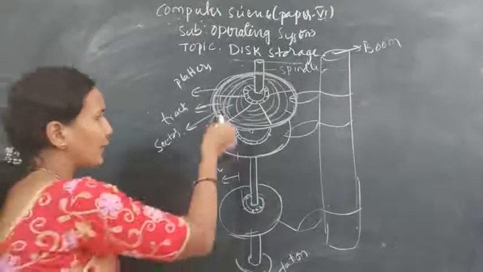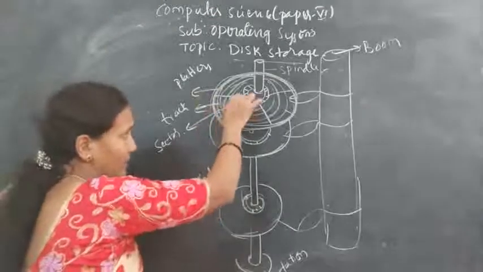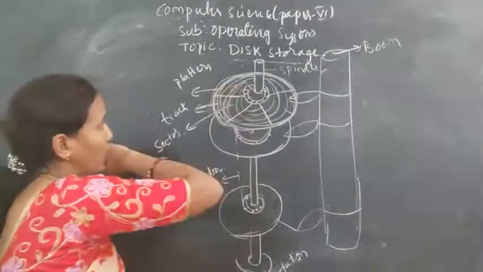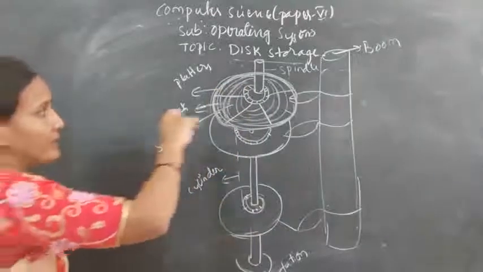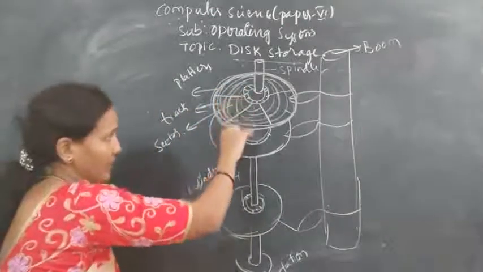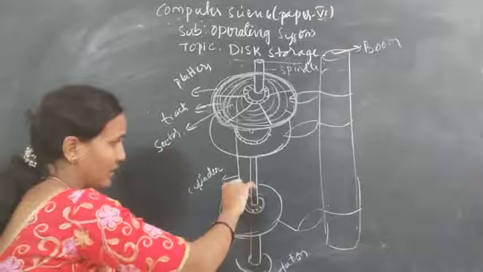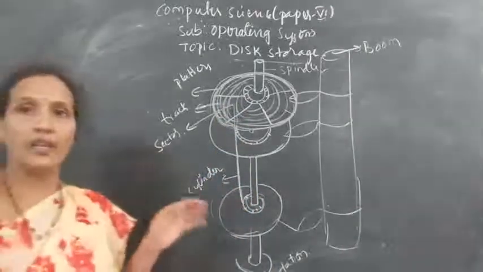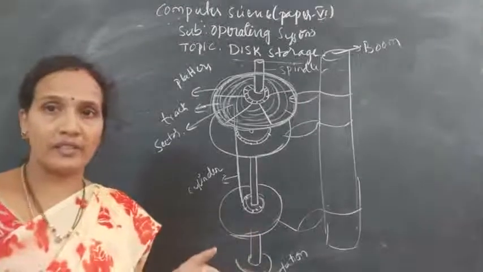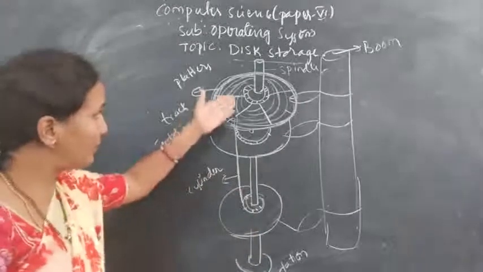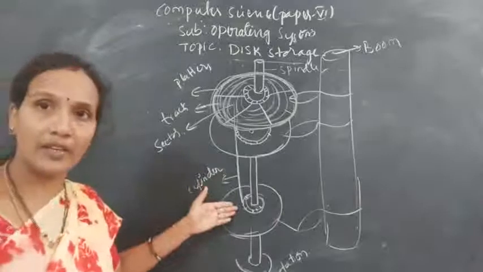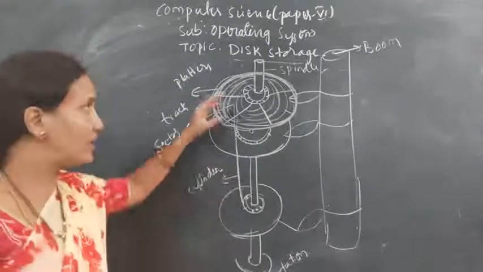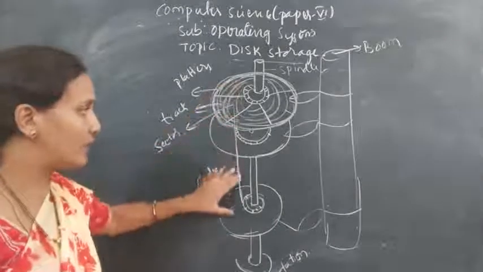Now, the same track on each platter is called a cylinder. Each track at the same position, for example, this is one disc, this is one disc and this is one disc.